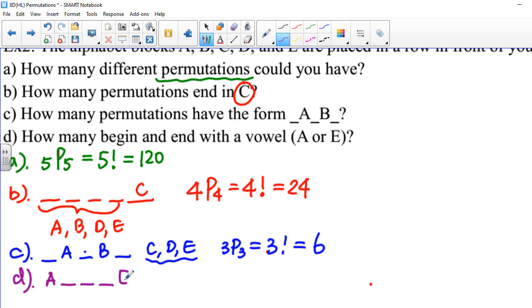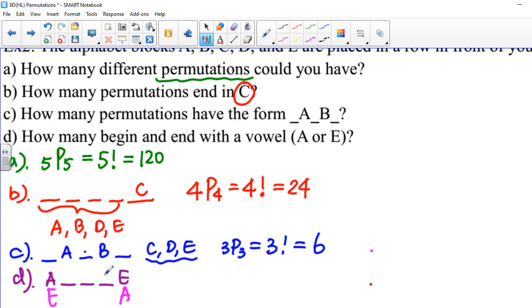So the E has to be here. But the problem is for A and E, you also can have maybe E at the beginning, A at the end. So anyways, the beginning and the end have to have A or E.